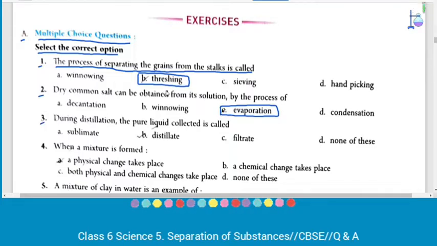Third question, during distillation, the pure liquid collected is called sublimate, distillate, filtrate, none of these. Answer is distillate. During distillation, the pure liquid collected is called distillate.